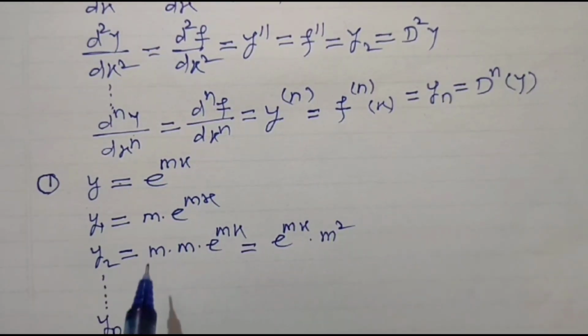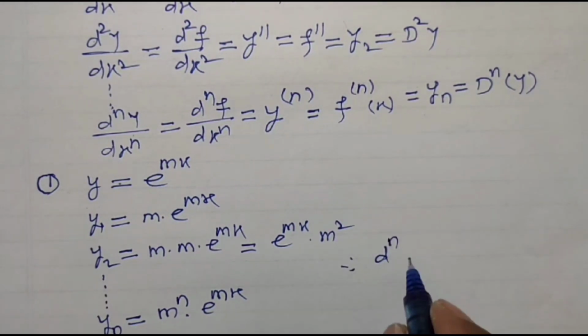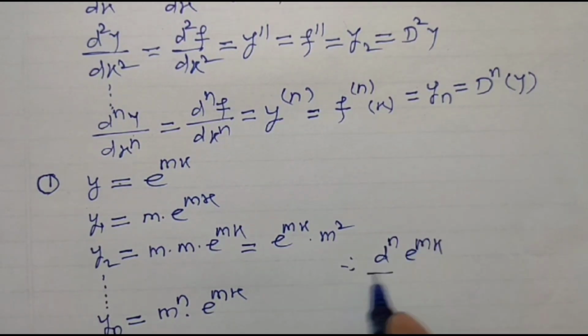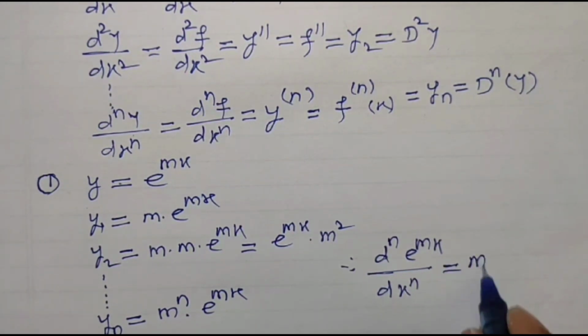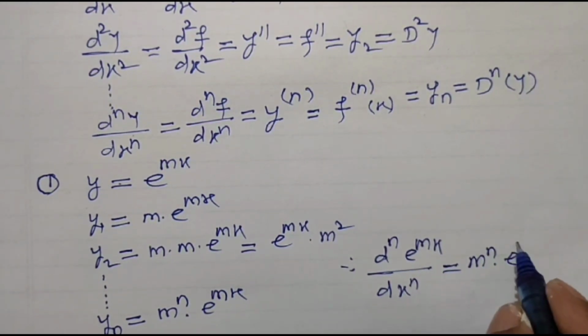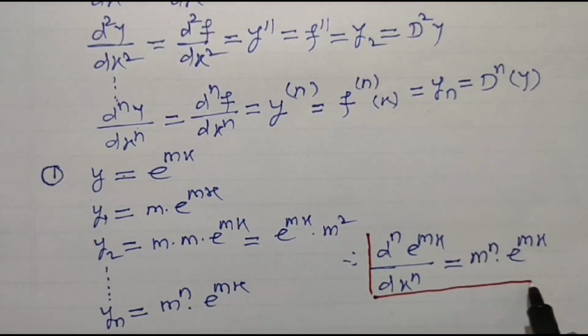Similarly, the nth order derivative of e to the power mx can be written as m to the power n e to the power mx. The nth derivative of e to the power mx with respect to x to the power n is equal to m to the power n into e to the power mx. That is the nth derivative of the standard function e to the power mx.